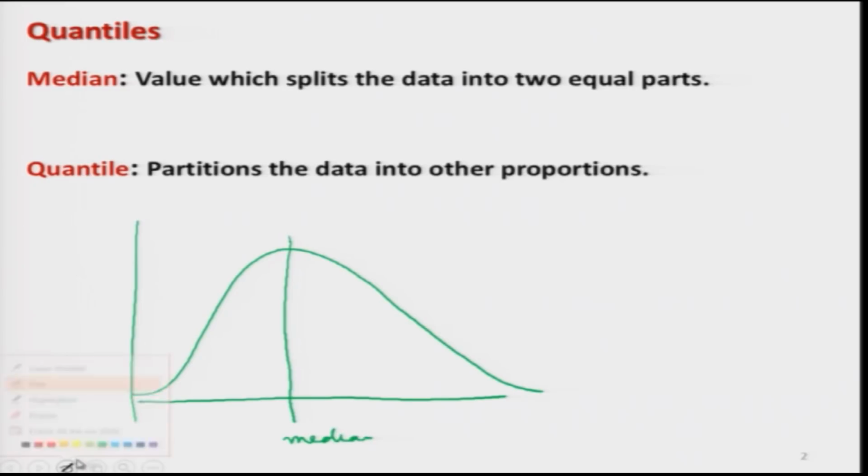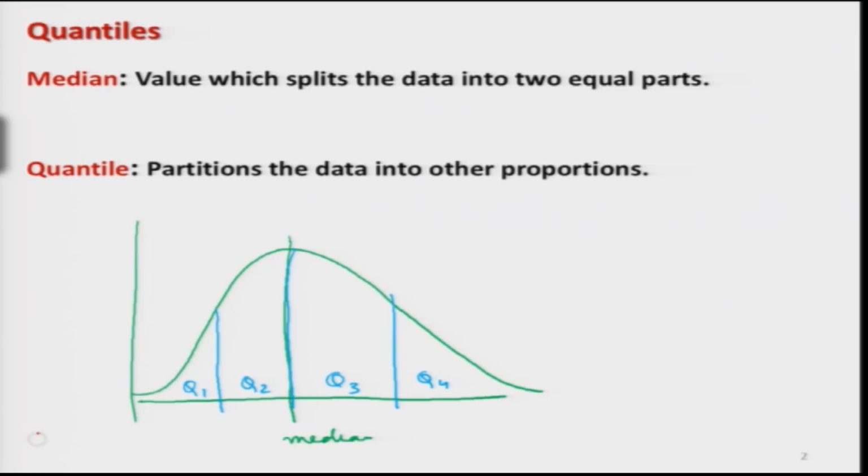And if I want to divide it into 4 equal parts, for example, this can be the first part, then second part, then third part, and then the fourth part. You can see this is the first part, I can denote it by Q1, this is the second partition, Q2, third partition Q3, and fourth partition Q4.